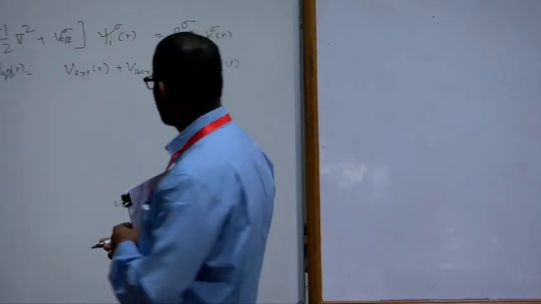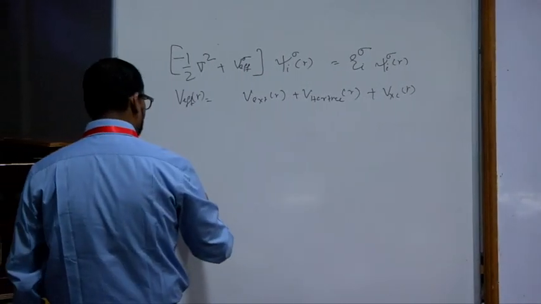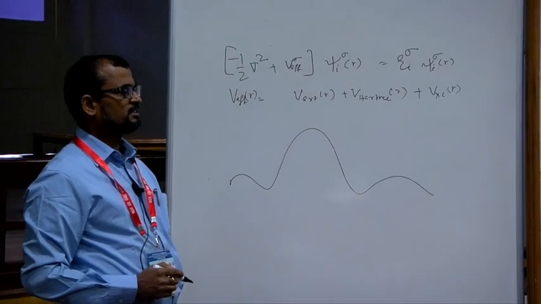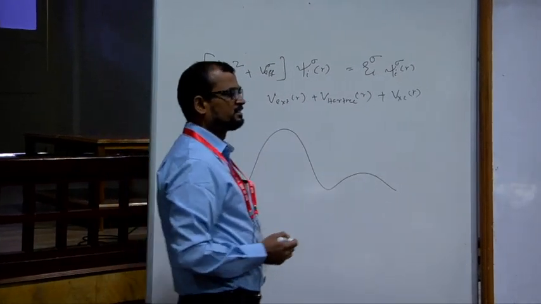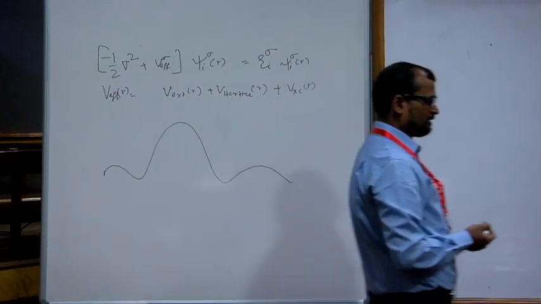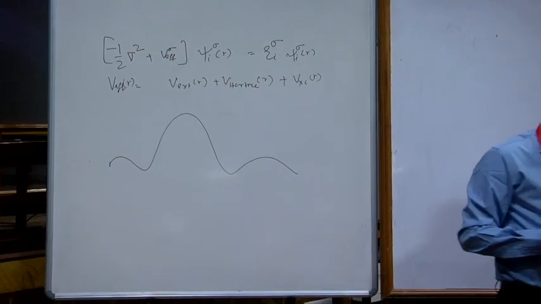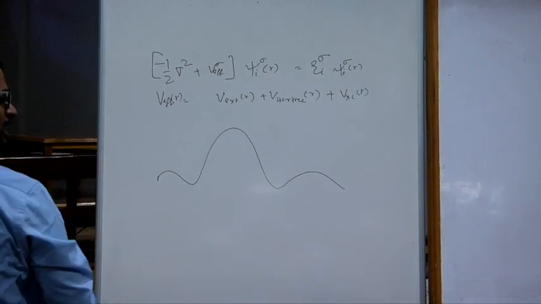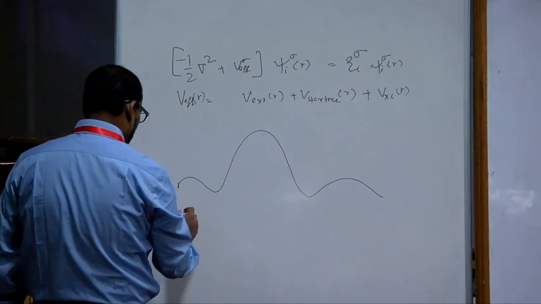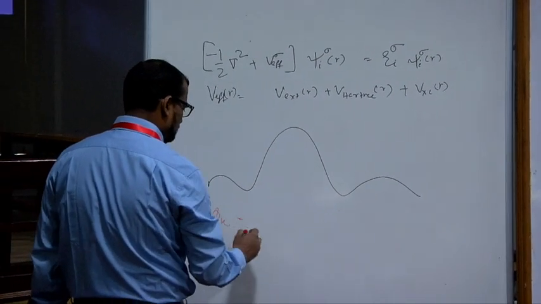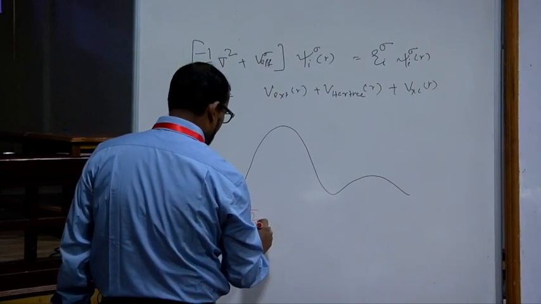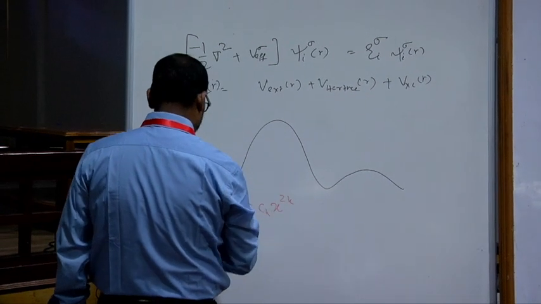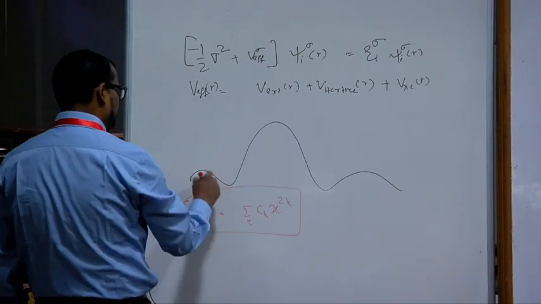Let's say that I have a given state like this, and I want to generate it using certain mathematical functions. I may find it nice to use a set of functions like phi equal to summation over k of c_k times x to the power 2k. This can create this.